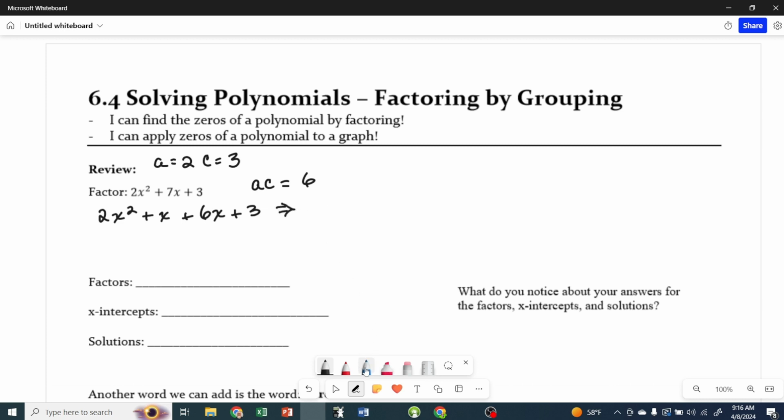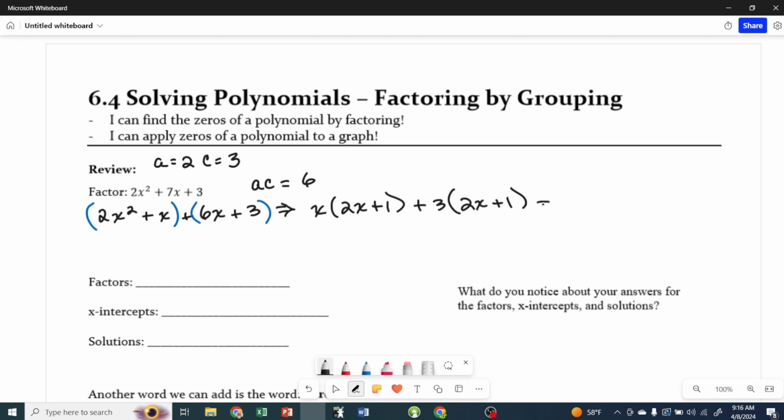So now what we're going to do is group these with parentheses, and find the greatest common factor within each grouping. So in the first one, x is the greatest common factor, so we end up with x times 2x plus 1. 3 is the greatest common factor here, so this would be plus 3 times 2x plus 1.